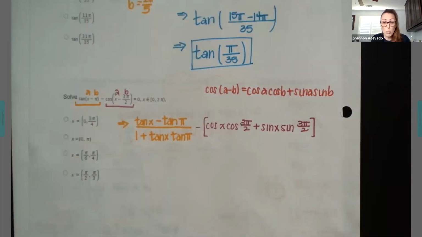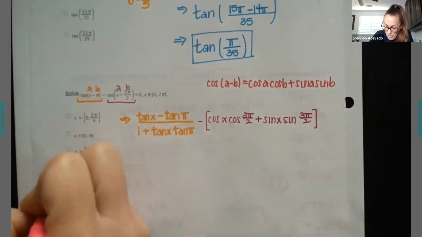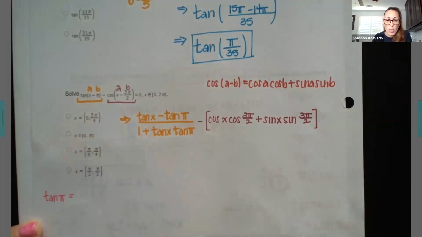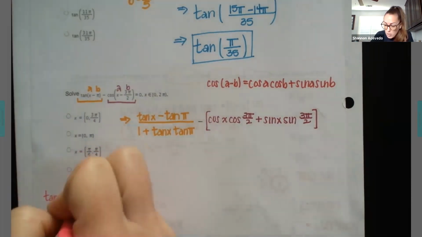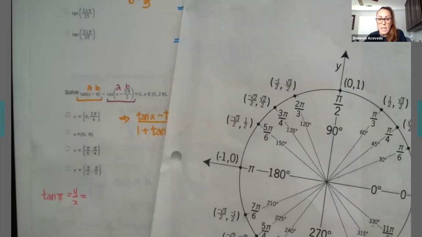So this right now looks really overwhelming, but I have a trick to simplify this because there's things that I know, whether you realize it or not. I know tangent of pi. Tangent of pi is on my unit circle. And remember, tangent's my y over my x value. So tangent of pi, I look at my unit circle, I go to my pi.